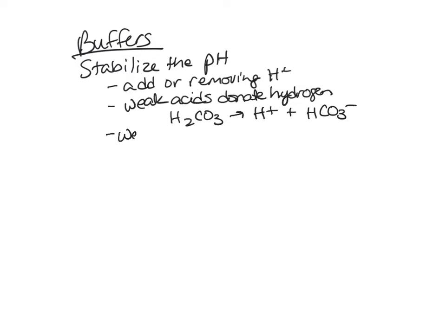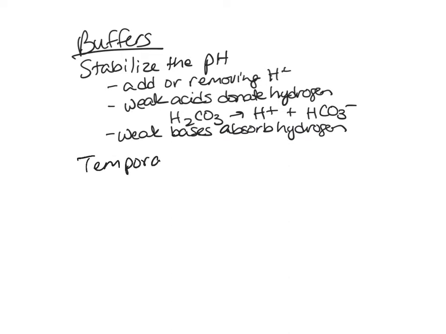Buffers can also be weak bases that can absorb hydrogen. These buffer systems provide only a temporary solution, though. They don't remove the hydrogen from the body. All they do is tie it up for a little bit of time. In order to completely remove hydrogen, it has to be either permanently tied up in a water molecule, or removed by the lungs as it's converted to CO2, or removed as hydrogen through secretion by the kidneys.